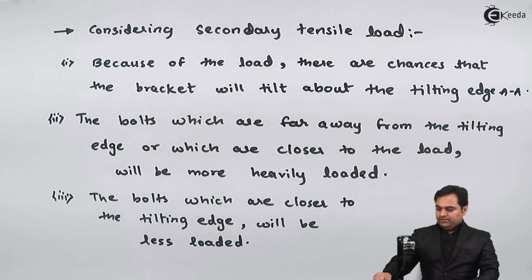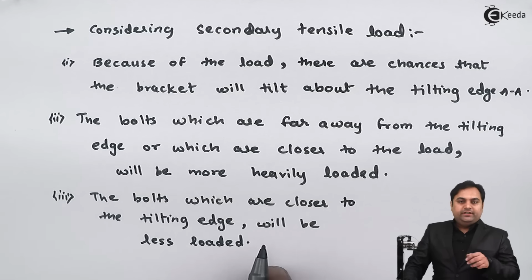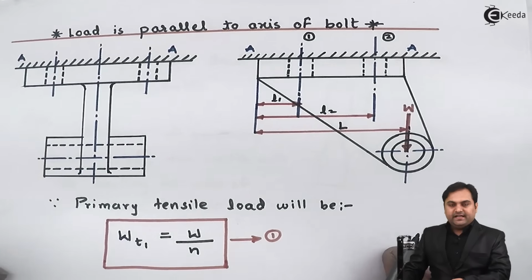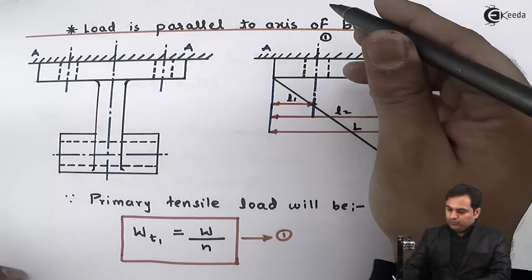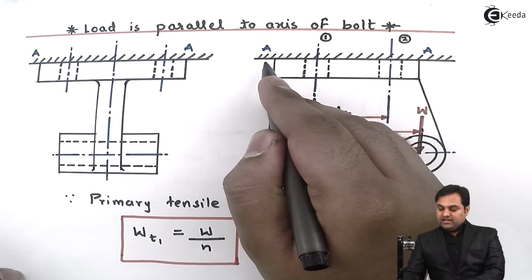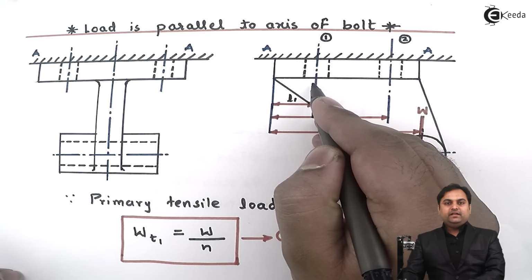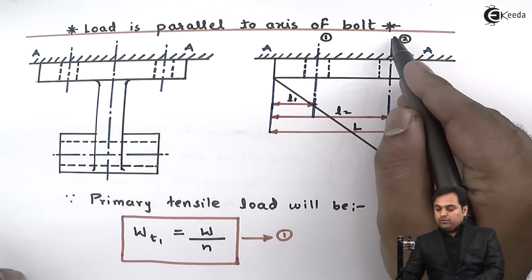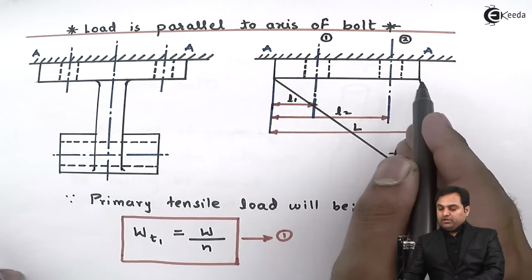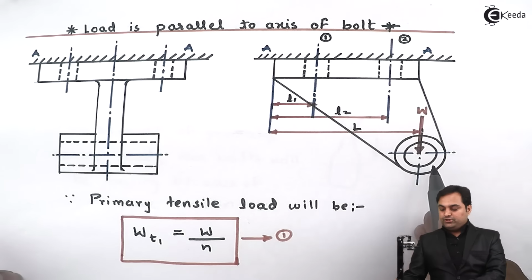Now, here as I have written that the bolts which are closer to the tilting edge will be less loaded. So we can see in the diagram that the bolts at center line 1, these are closer to the tilting edge A. So these bolts would be less loaded compared to bolts at center line 2, because at center line 2 they are far away from the tilting edge and closer to the load.